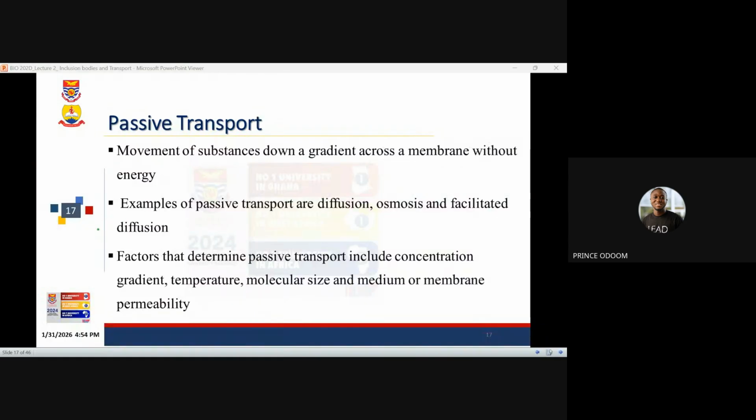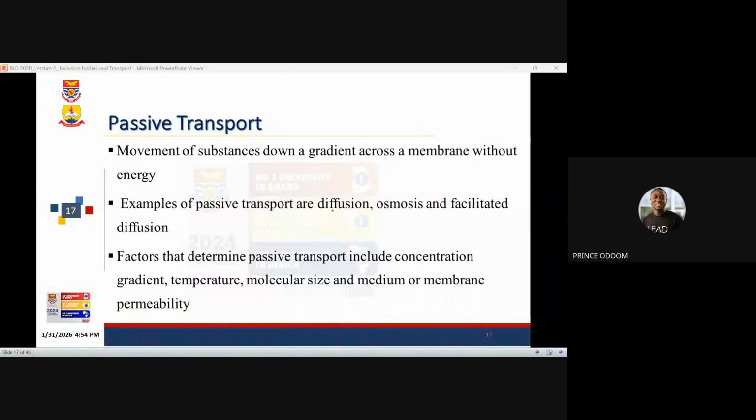All right. So examples of passive transport are diffusion, osmosis, and facilitated diffusion. Somebody will ask, what's the difference between diffusion and facilitated diffusion? When you talk of diffusion, the molecules move across the phospholipid bilayer without anything aiding them. In facilitated diffusion, the molecules move down a concentration gradient, but their movement is aided by either a gated channel or a carrier protein.